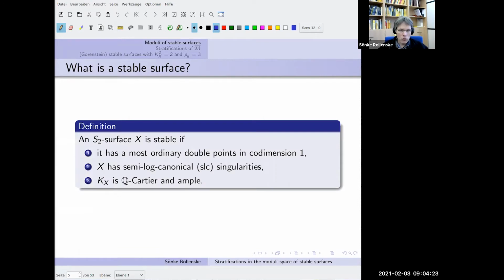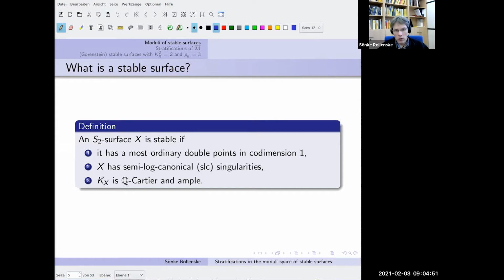Let me just recall for completeness what a stable surface is. A surface is called stable if it's S2 and, okay, I didn't write it, but maybe it's implicit, I'm working over the complex numbers. It should have at most ordinary double points in codimension 1 and in total semi-log canonical singularities.